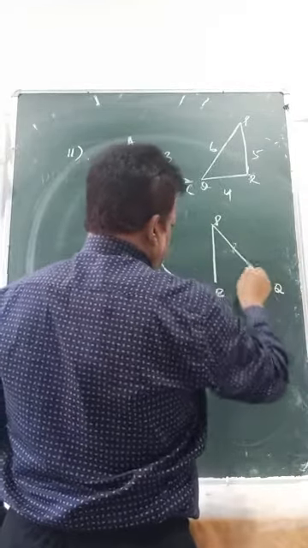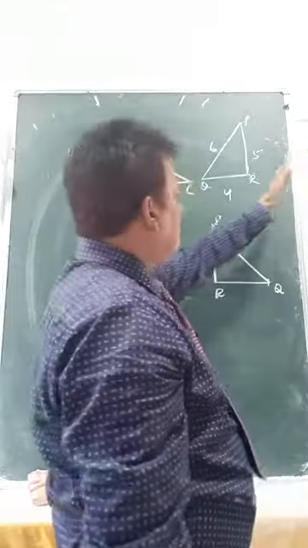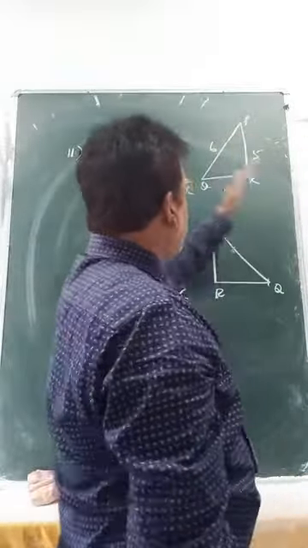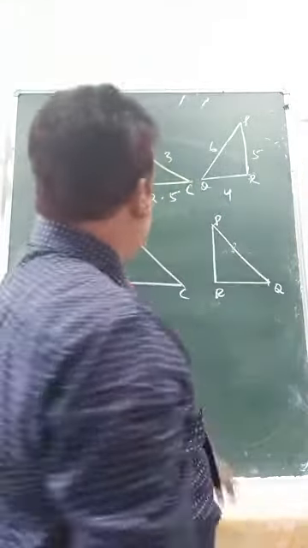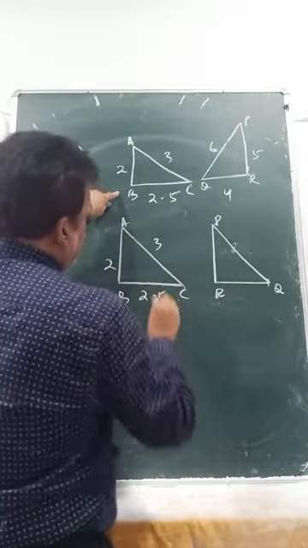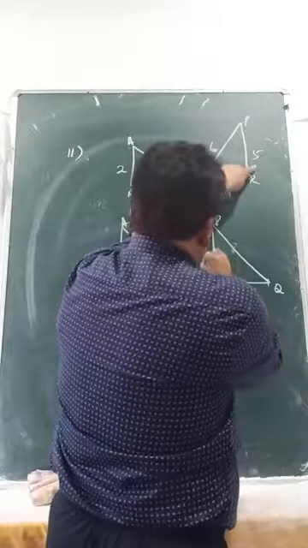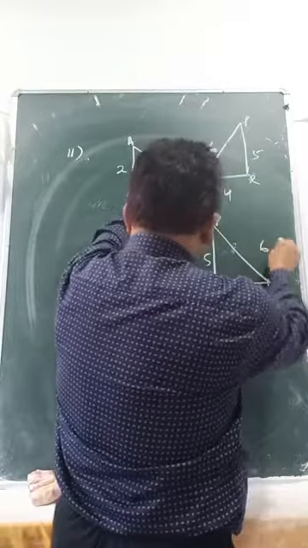Means it will be like this now. I have rotated it, this side has gone to that side. Okay. Now this is 2, 3, 2.5. This is 5, this is 4, this is 6.